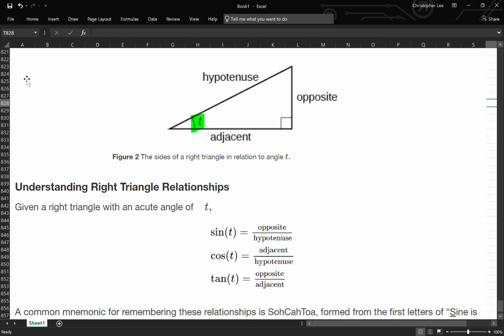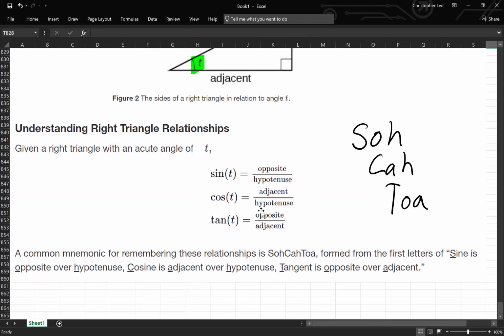Tangent of t is opposite over adjacent, right? I have a little mnemonic to remember this. I say SOH CAH TOA. This will come in handy for your future classes. All right. You guys have this on your formula sheets already, so you don't have to worry. All right. And that's that.